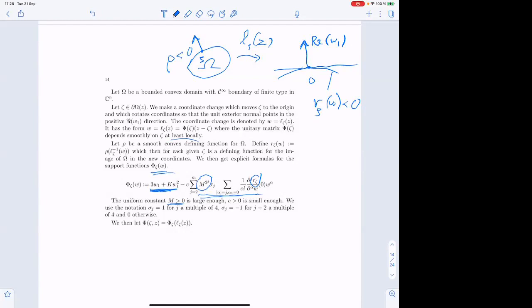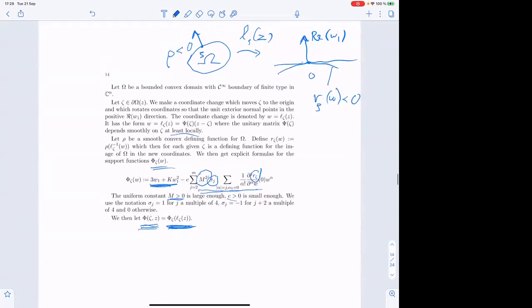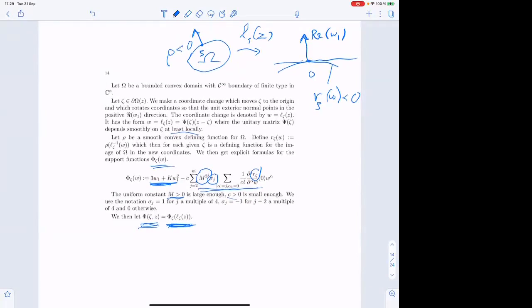C is just some small enough constant, and the sigma j's are basically 0 or 1 or -1 according to whatever. And then we get our phi by pulling back these. So phi of zeta, z will depend smoothly on zeta, but it will be holomorphic for each zeta in the z direction. Anyway, this is a complicated formula. So why is it so complicated? I just want to say a few words about why it should be so complicated, that's all.